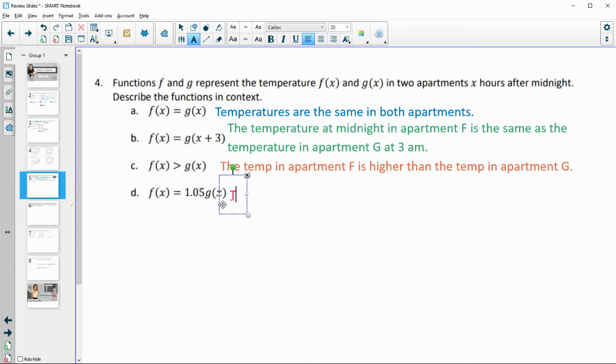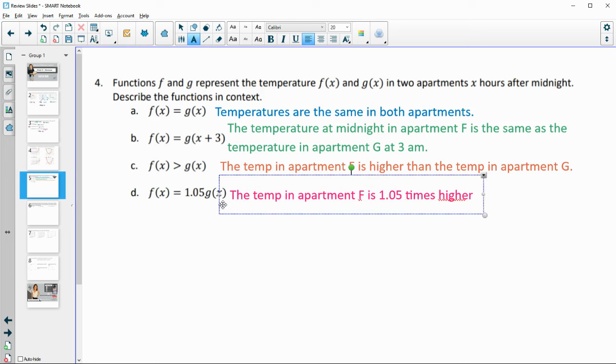So the temp in apartment F is 1.05 times higher than the temp in G. If you knew it was 70 degrees in G, you could just do 70 times 1.05, and that would tell you how much it was in F.